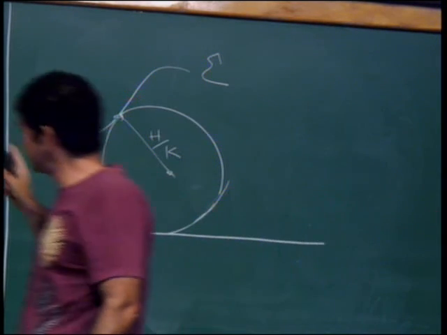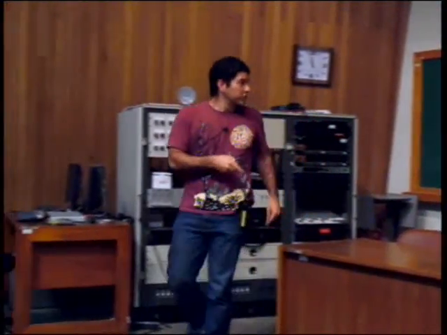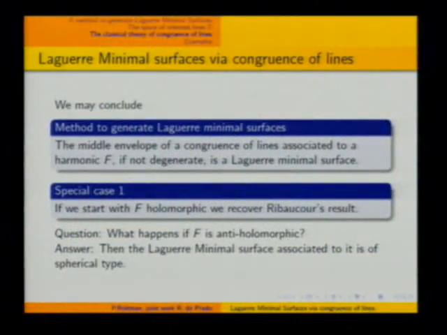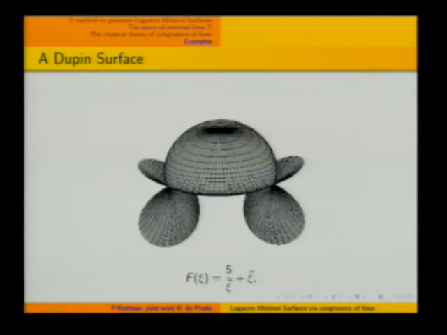So if you start with f anti-holomorphic, what you get is a Laguerre minimal surface such that, when you consider this congruence of spheres, the other envelope is contained in a fixed plane. To finish, I'll just show you some examples.